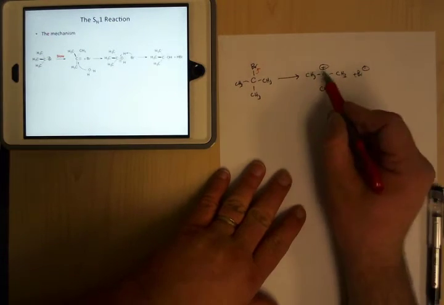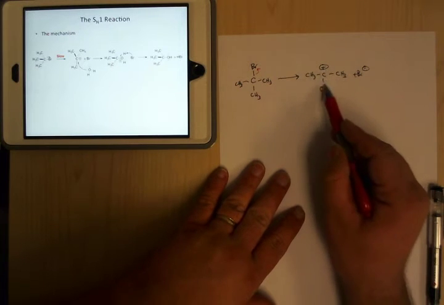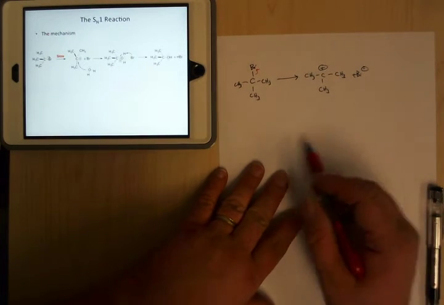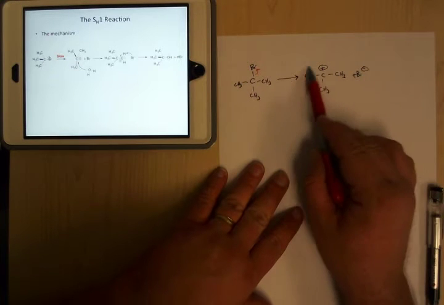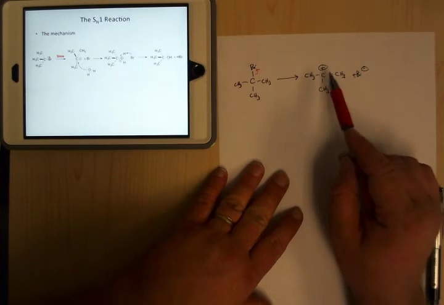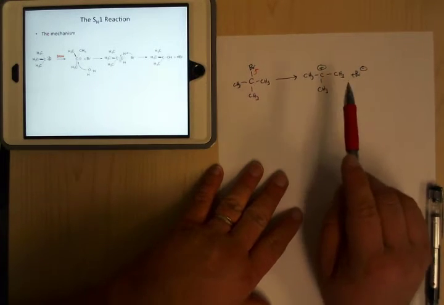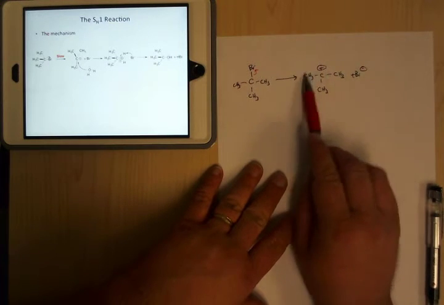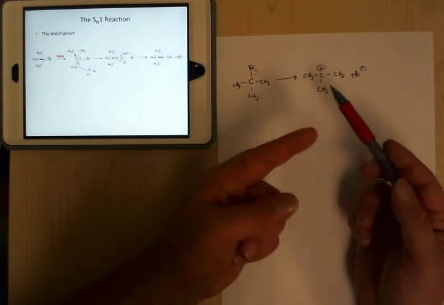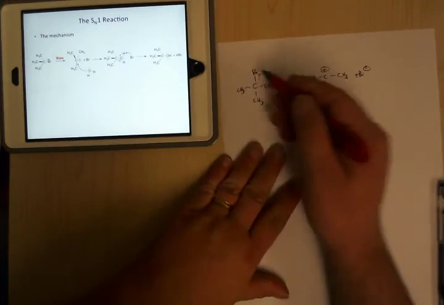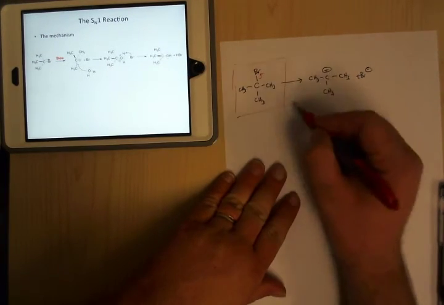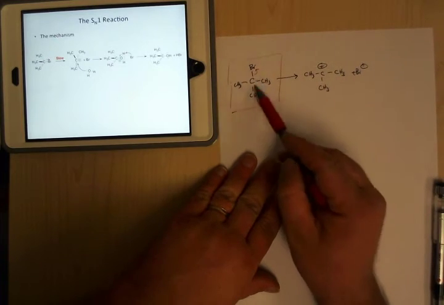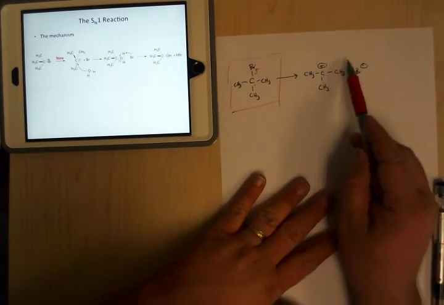If you have a carbocation here, the best way to stabilize it is with some sort of resonance structure or to be on a tertiary carbon. Primary carbocations are incredibly unstable. Tertiary carbocations are not too bad. So if this is the first thing that happens, because it's an SN1, only one molecule is involved. It's just this one falling apart.